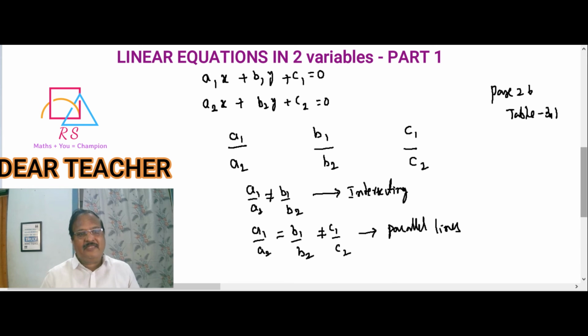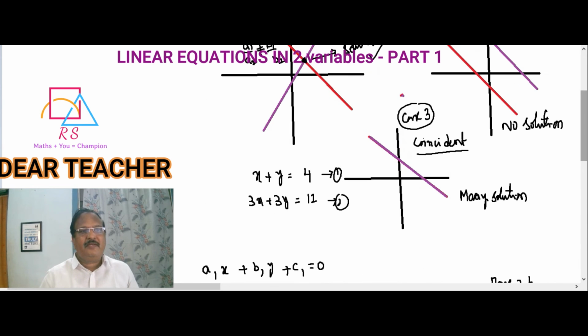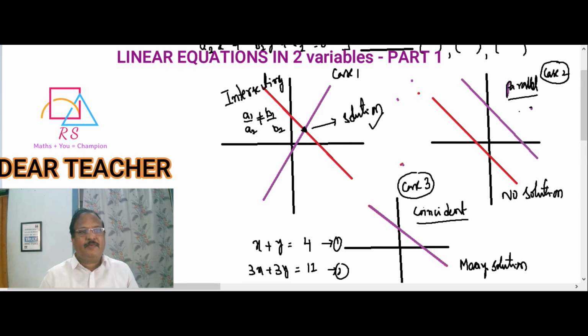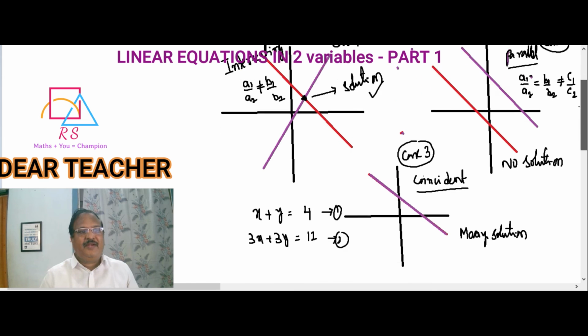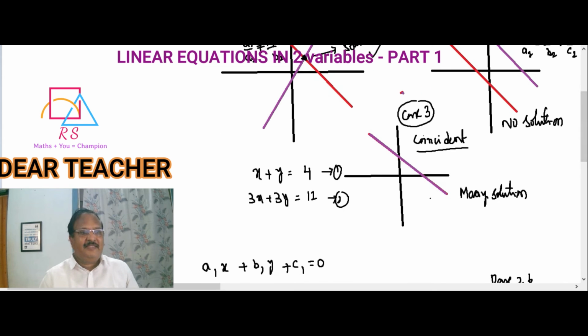So parallel lines means in this case, A1 by A2 is equal to B1 by B2 is not equal to C1 by C2. Then in the last case, all are equal.